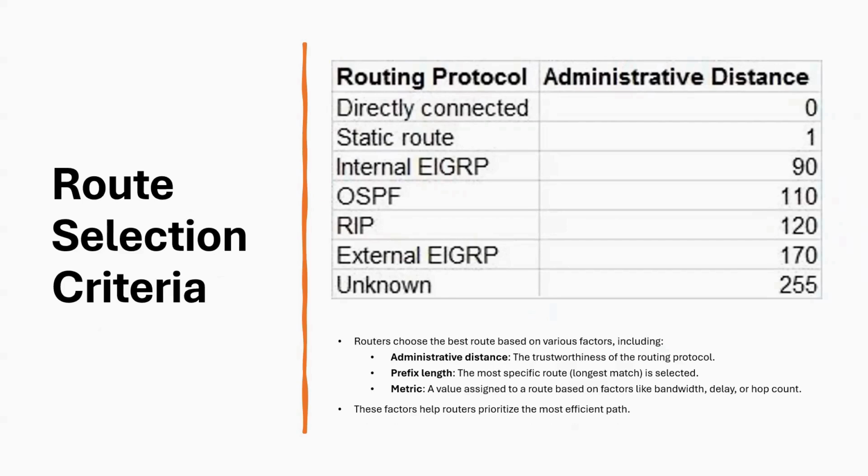Routers prefer the most specific route, which means the one with the longest prefix match. And then metric. Each protocol uses its own metric to calculate the best path. For example, OSPF uses cost, while EIGRP uses a combination of bandwidth and delay. All these factors help routers choose the most efficient route for data to travel.